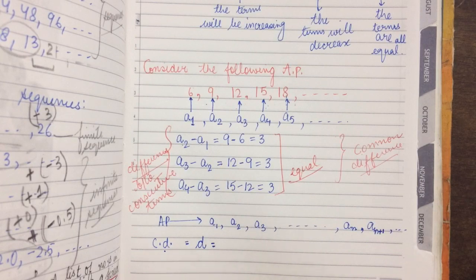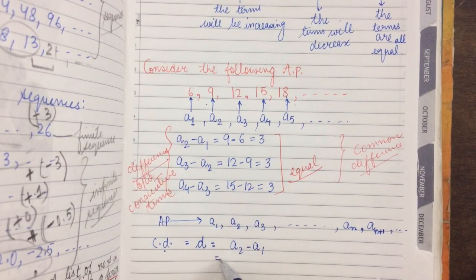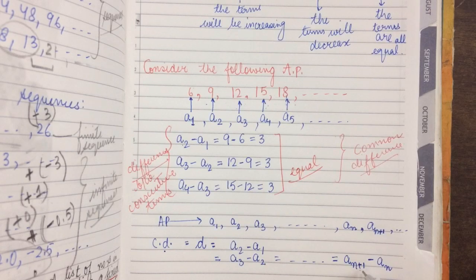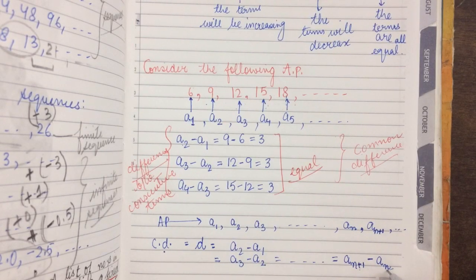And the subtraction will be written in the order going backwards. So A2 minus A1, or it could be A3 minus A2. If we go further in the sequence, it will be A(n+1) minus An. So n plus 1 is actually telling you the position. If n is, say, the 10th position, then n plus 1 will be the next one, that is the 11th position.